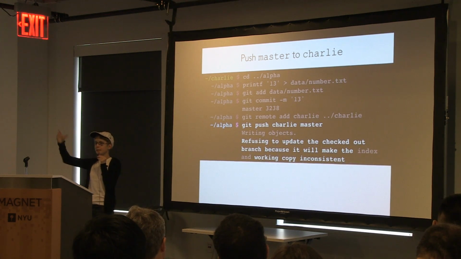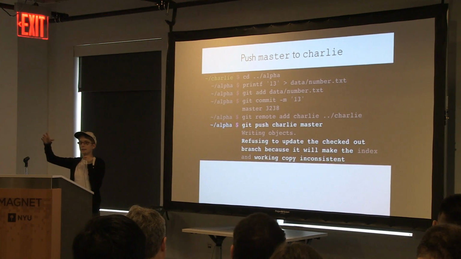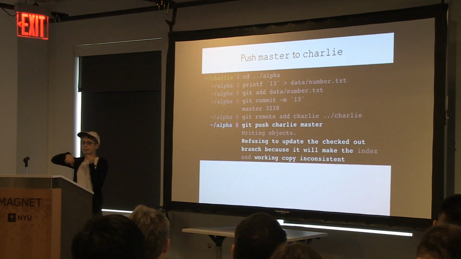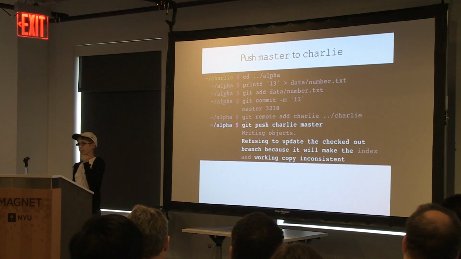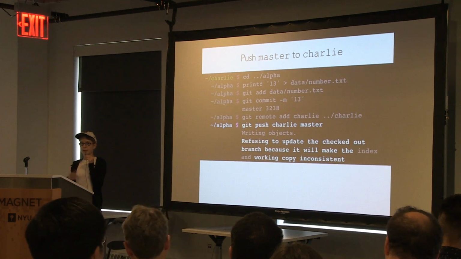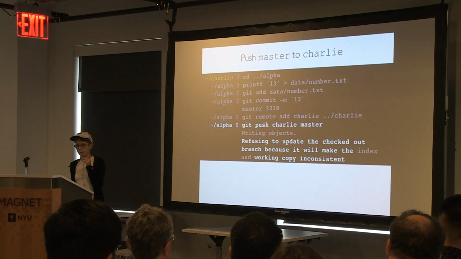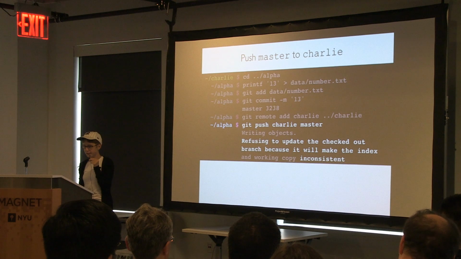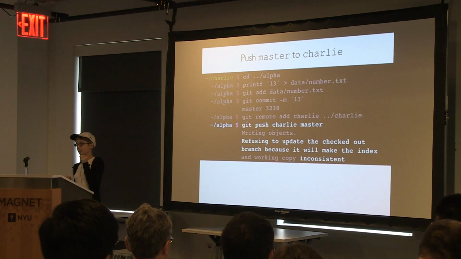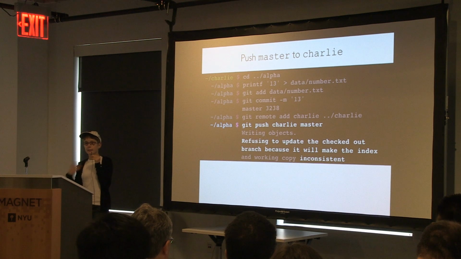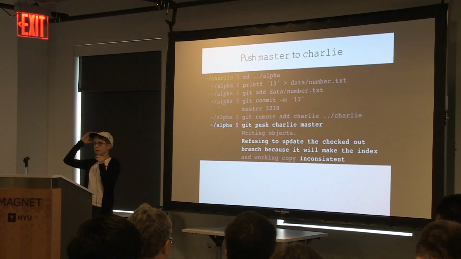So what's going to happen is, it's going to send some new objects, which is great, but it's also going to say, hey, your working copy now needs to reflect whatever commit was just pushed, right? So my working copy change is blown away, gone. That's terrible. And then in a similar fashion, the same thing happens if I was making some changes to the index, if I was staging some stuff, then again, my index is going to be blown away with the contents of the commit that was just pushed.